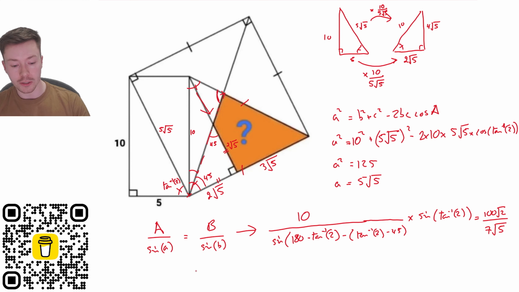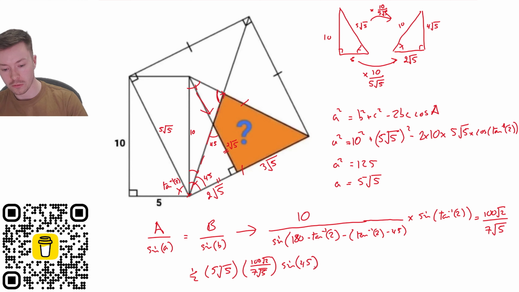I'm going to use half AB sine C. So a half of this side, which is 5 root 5, times by my 100 root 2 over 7 root 5. So that's a half AB sine C, so sine of 45. That gives me an answer of 250 over 7.